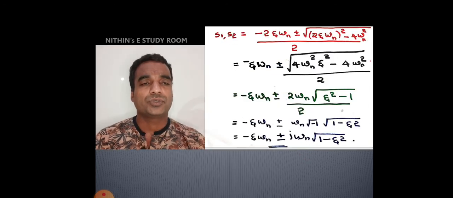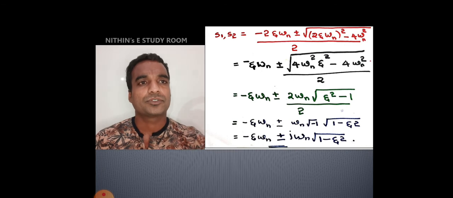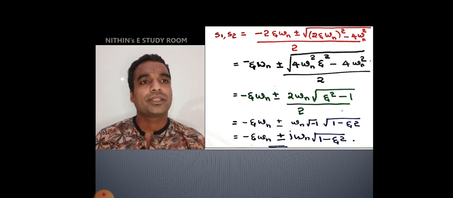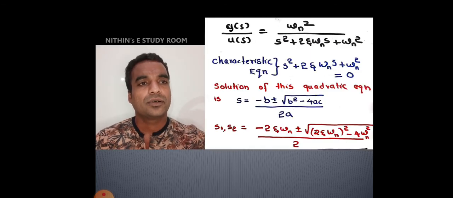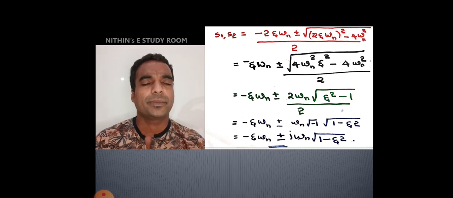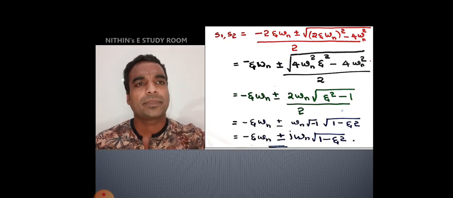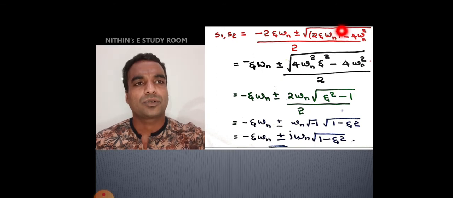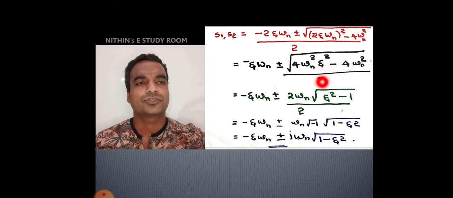Now that is equal to minus 2 eta omega n plus or minus square root of (2 eta omega n) square, okay, that is the same equation, minus 4 omega n square, by 2. In the next step I am dividing by 2, and this first term will become minus eta omega n, plus or minus square root of, just open the bracket, I am squaring each term, 4 omega n square eta square minus 4 omega n square, by 2.